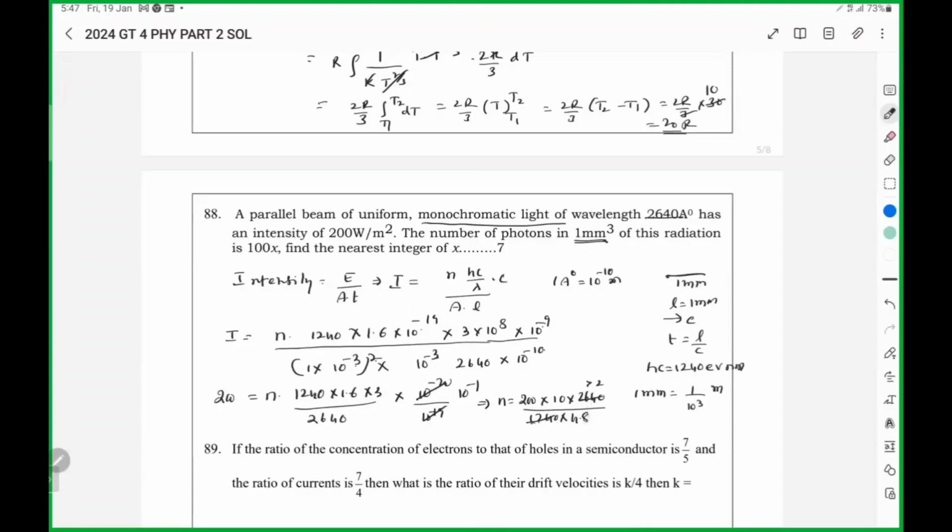It is also slightly more than 2. Coming around nearer to 800, which is 100x. Roughly 8.